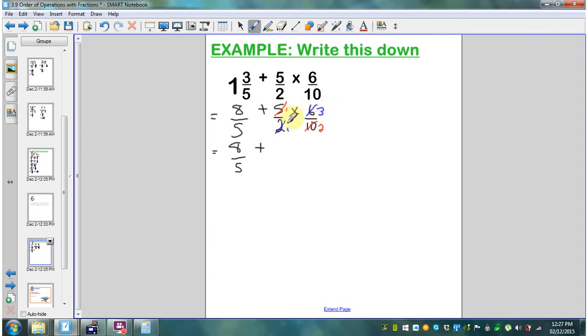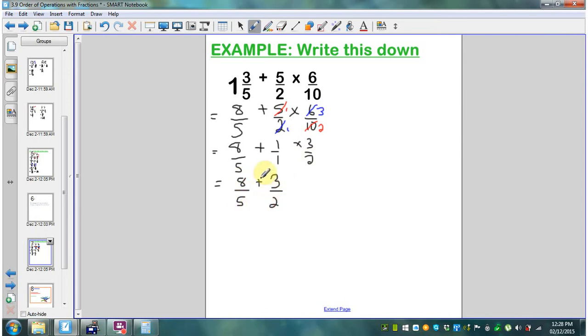So we have 1 over 1 times 3 over 2. So, never have done anything with this yet. We carry it down. Plus 1 times 3 is 3. 1 times 2 is 2.